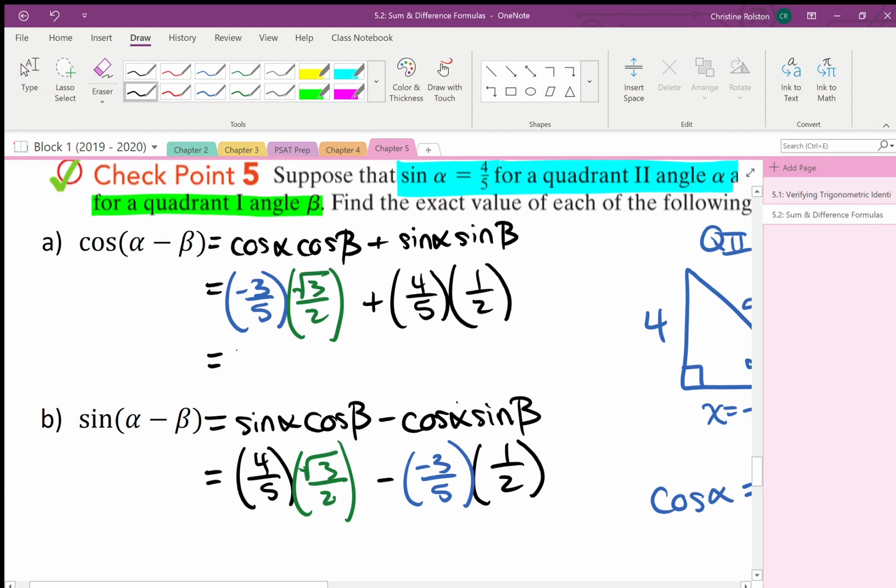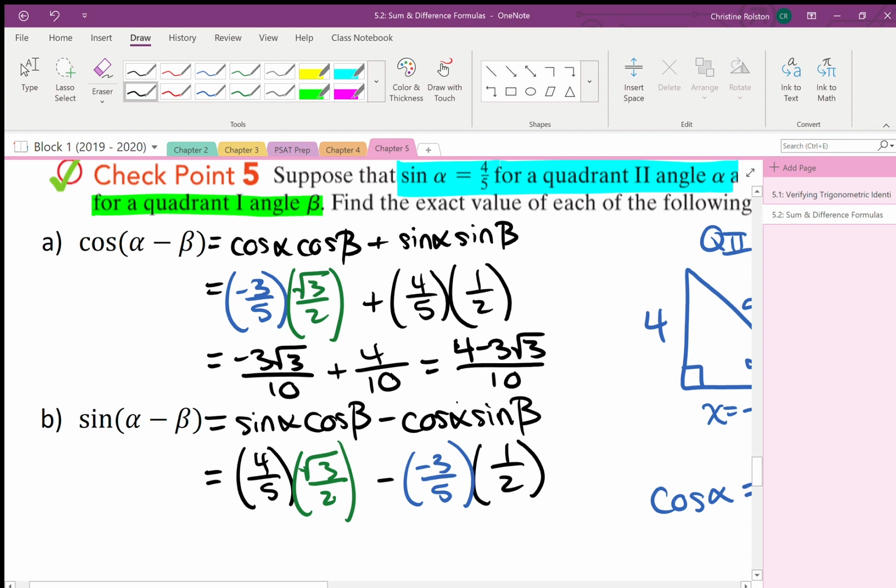So I'm going to get negative 3 square root of 3 over 10 plus 4 over 10. Now don't simplify the 4/10 because they're common denominators. You want to keep that. So we have negative 3 square root of 3 plus 4, or you can write it as 4 minus 3 square root of 3 over 10.